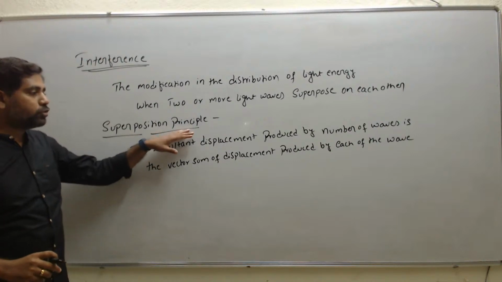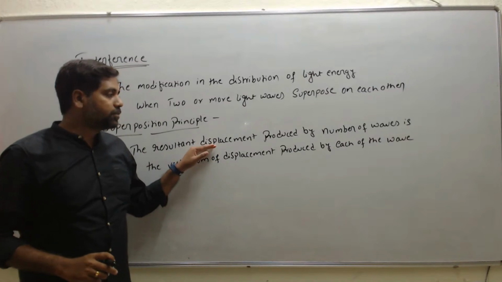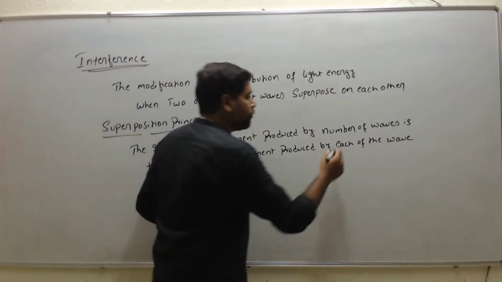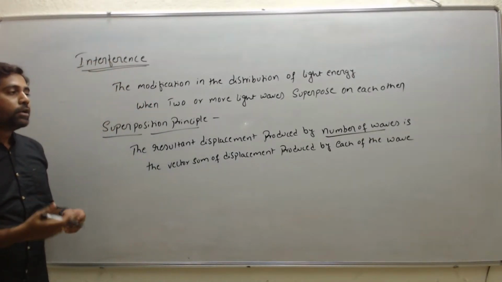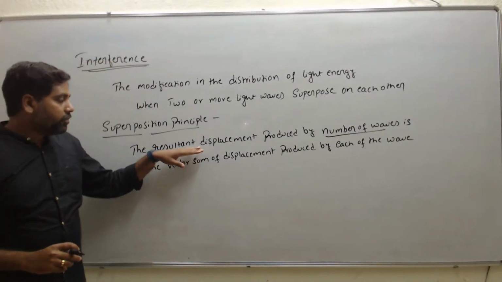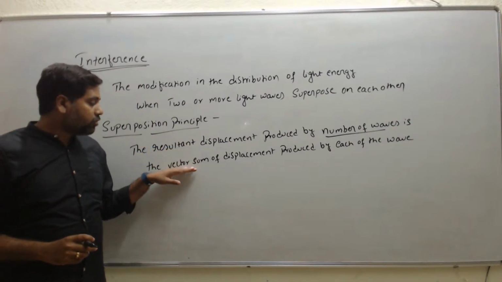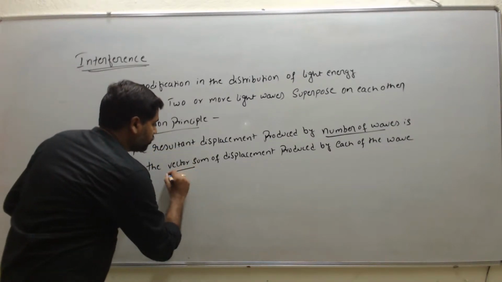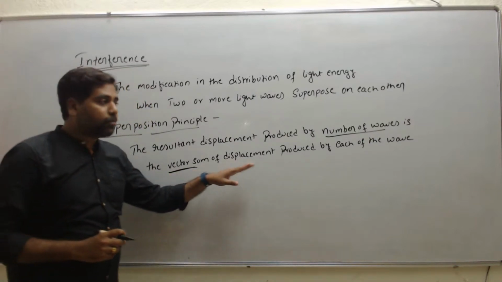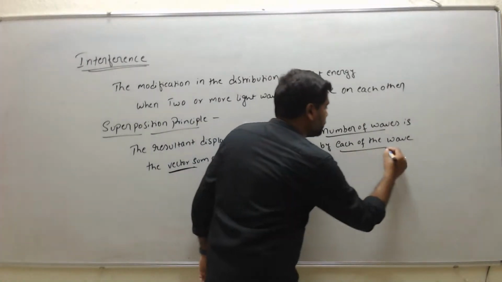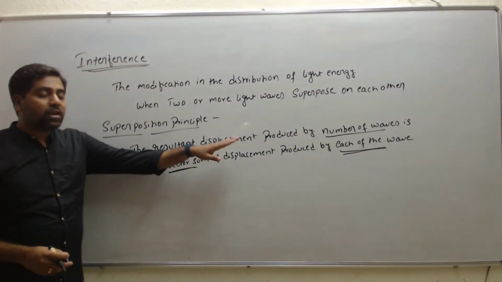What the superposition principle states is that the resultant displacement produced by a number of waves, either 2 waves or 3 waves or more, is equal to the vector sum of the displacement produced by each individual wave.